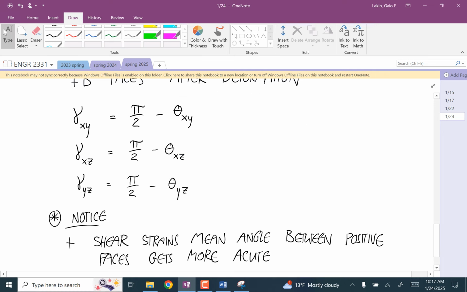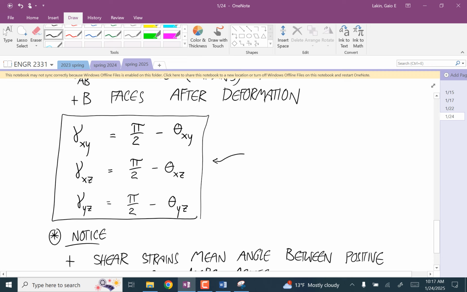Okay, these are important. I'll put a box around them. And notice that the normal strains were unitless because we took a length and divided by a length. These are also unitless because radians are not really a unit.